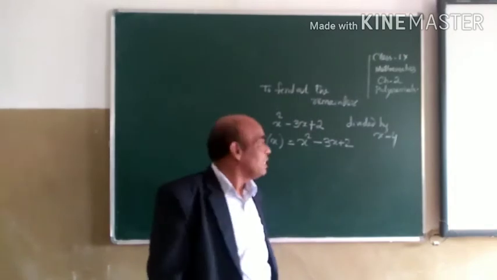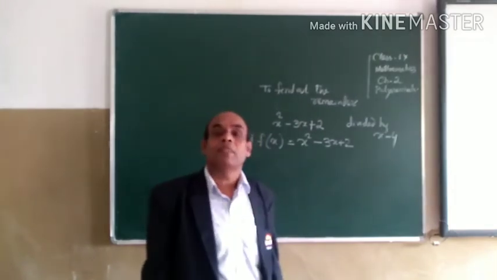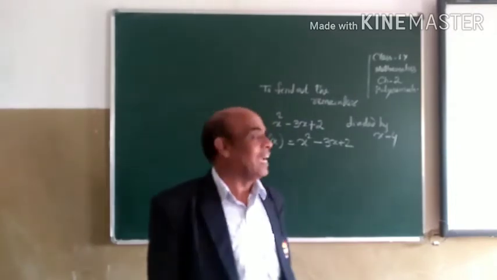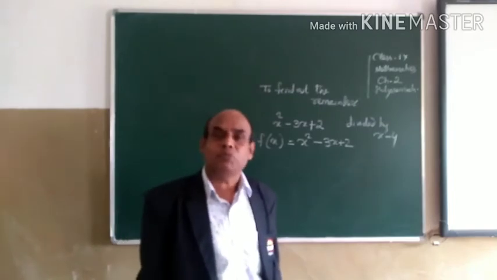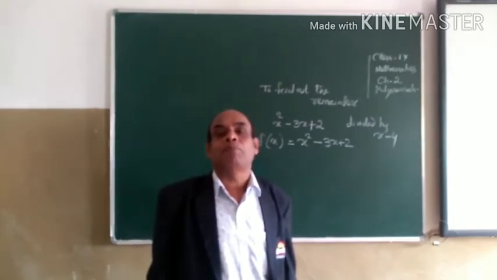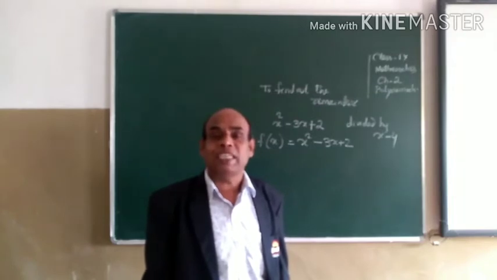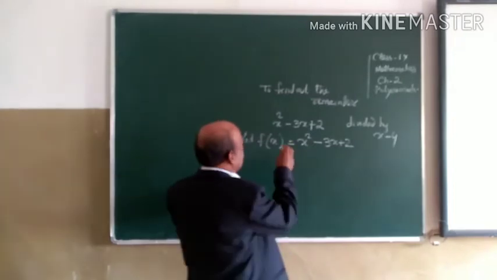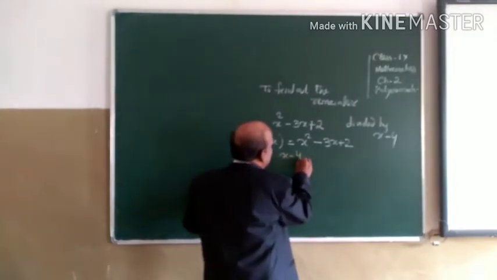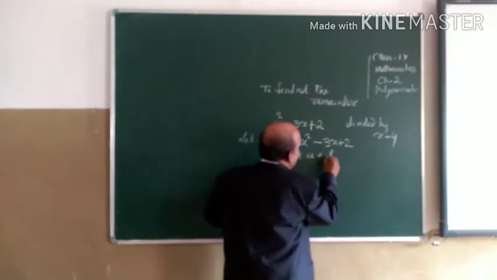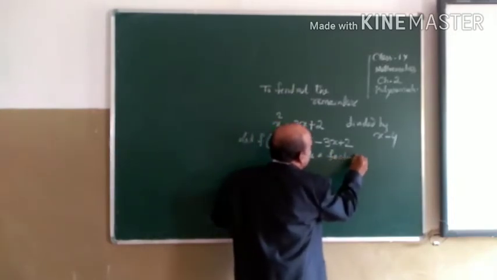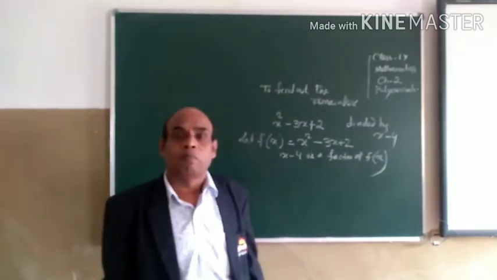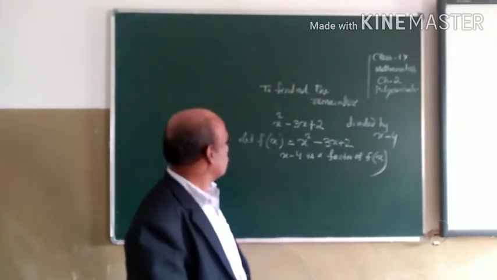So if f(x) is divided by x minus 4, we can say that x minus 4 is a factor of f(x). f(x) means x square minus 3x plus 2.